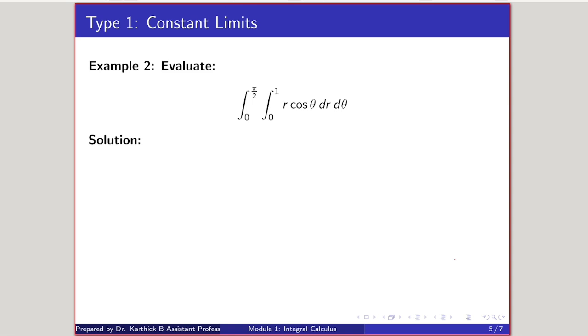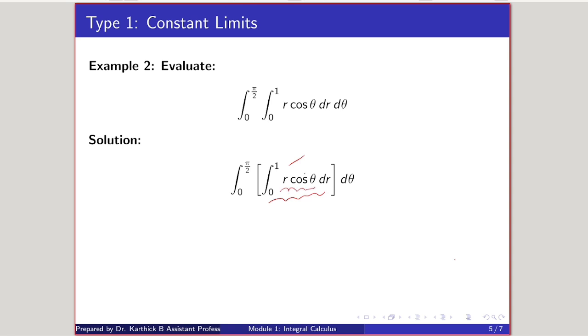Now the next problem, we may refer that our limits are from 0 to 1, then theta varies from 0 to pi by 2. Of course, it is a constant. So the same process, we will make a conversion for the inner integral, and we may evaluate this with respect to r. We have to integrate this function.